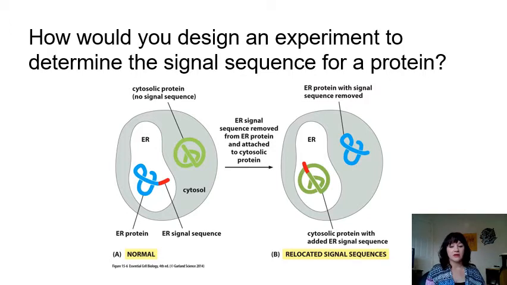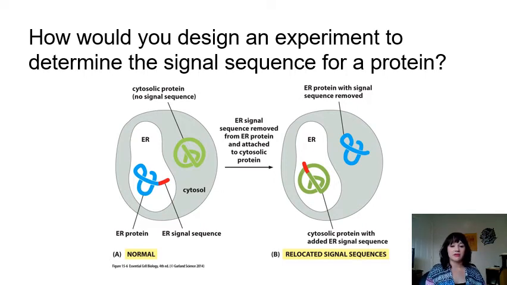Now, we could take our proposed signal sequence and attach it to a different protein. For example, we have a protein that we know has no signal sequence because it functions in the cytosol. So it's kind of interesting. If a protein's function is to, or if the location it needs to end up in is the cytosol, it has no signal sequence.